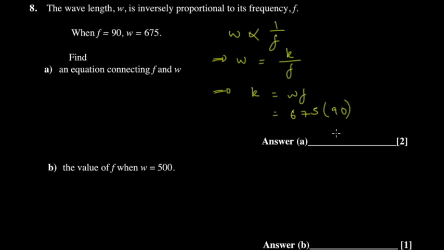Then you multiply 675 times 90. Sorry, let me write again so that I don't get any part wrong.